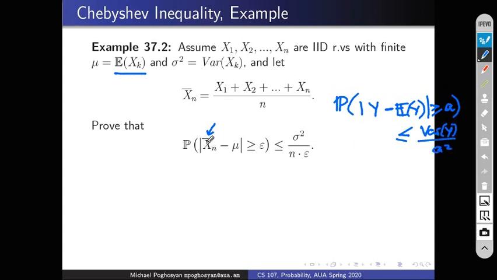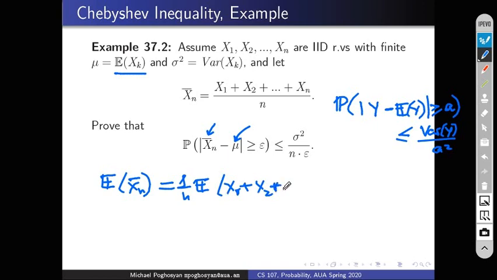So here we have X̄n, this random variable. Let's see that mu is exactly the expected value of X̄n. If I calculate the expected value of X̄n, 1 over n will go out of the expectation because of the properties of expectation. We will have X1 plus X2 plus etc. plus Xn, and because of linearity of expectation, we will have expected value of X1 plus expected value of X2 plus etc. expected value of Xn.